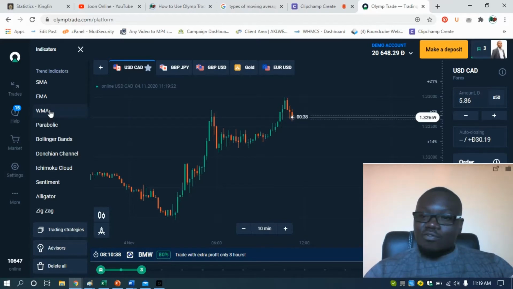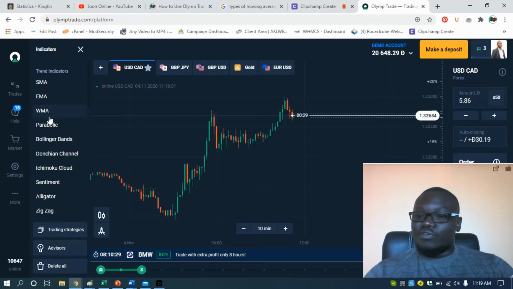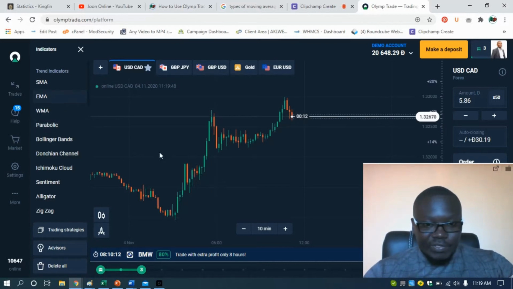The few moving averages that aren't on Olymp Trade, you can find on the Olymp Trade Forex platform, that is, if you're trading with the Olymp Trade MetaTrader 4. On MetaTrader 4, you'll definitely find the LWMA and also the smoothed moving average, which is SMMA.